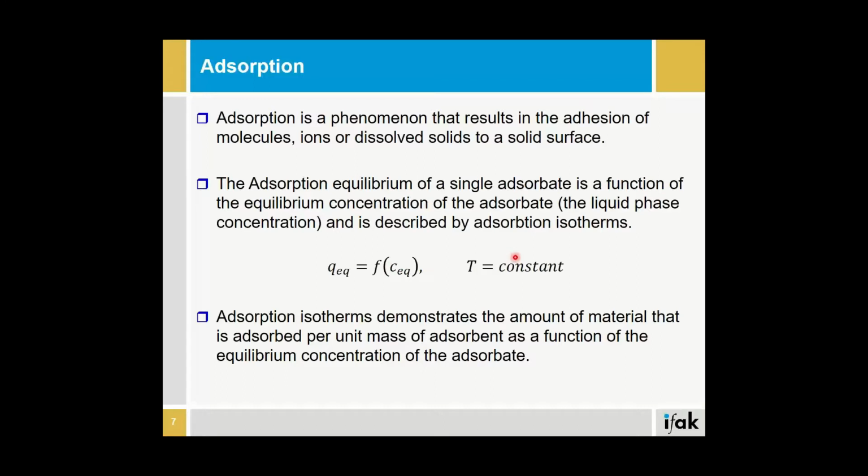What are adsorption isotherms? Basically, these isotherms demonstrate the amount of material adsorbed per unit mass of adsorbent. So how much micropollutant will be removed or adsorbed per how much powder activated carbon I have. And this is usually described as a function of equilibrium concentration, as shown here.